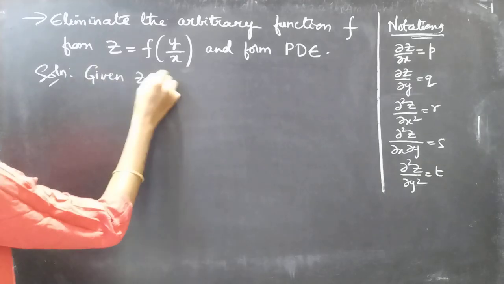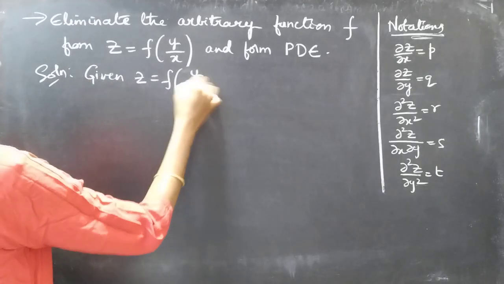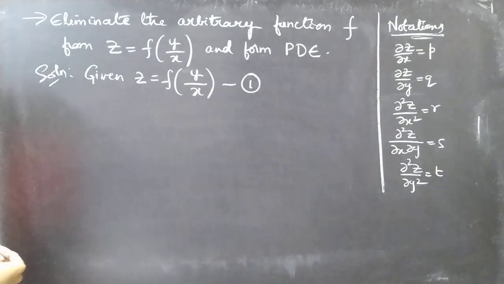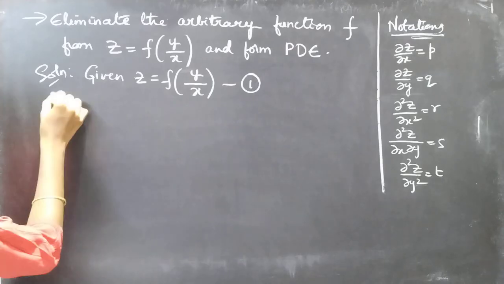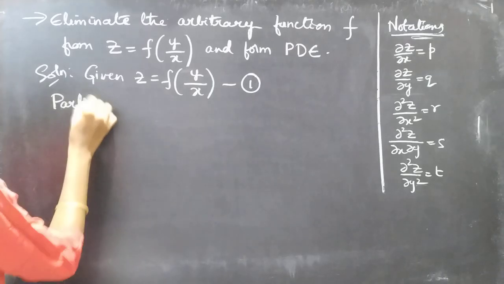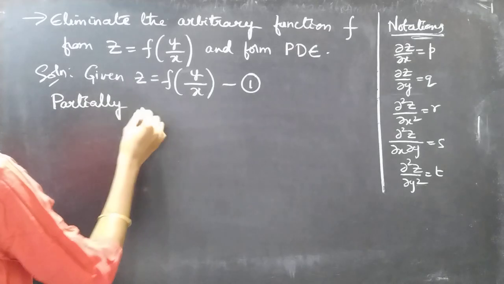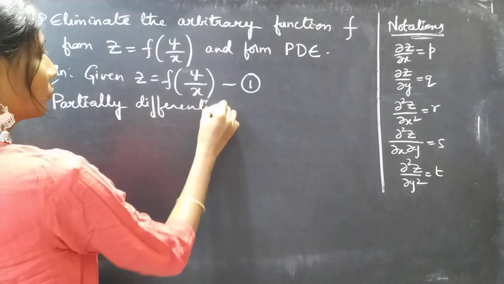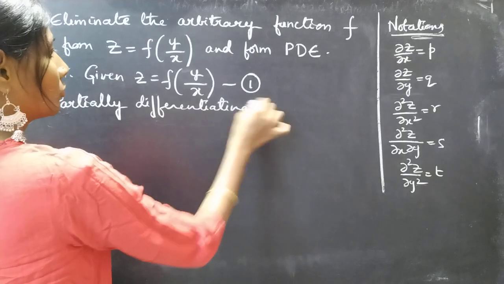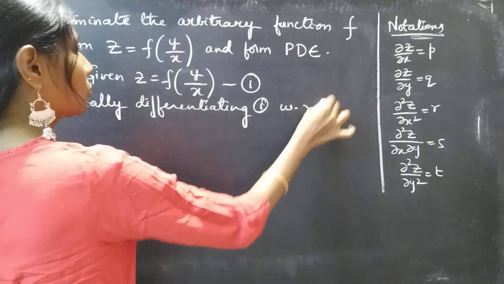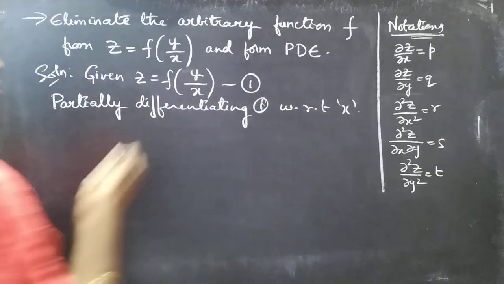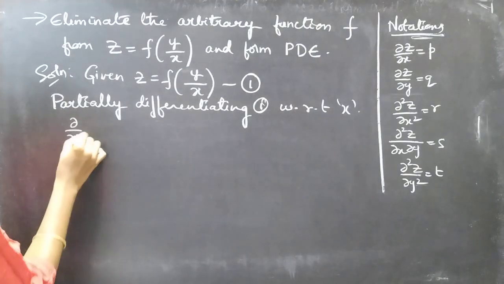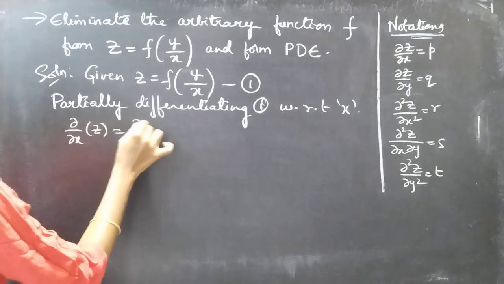Given z equal to f of y by x, consider it as equation number 1. Now let's partially differentiate it with respect to x. We'll apply dou by dou x on both sides of 1.